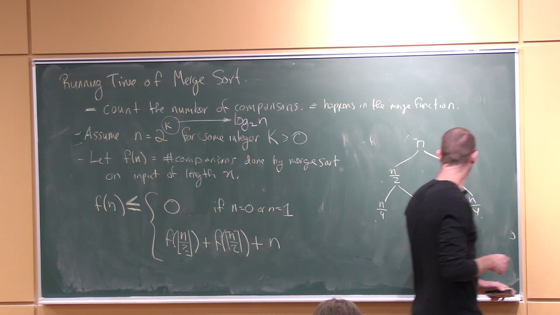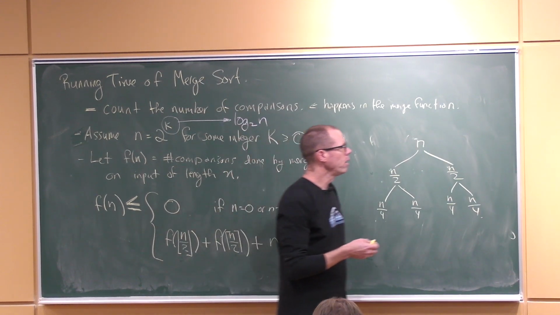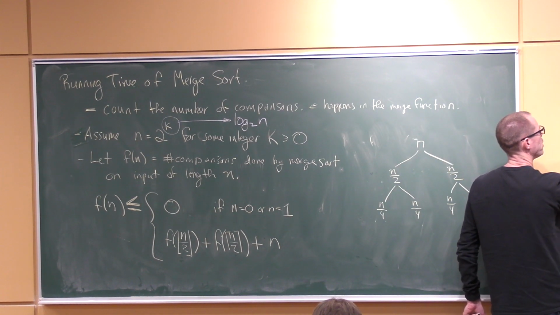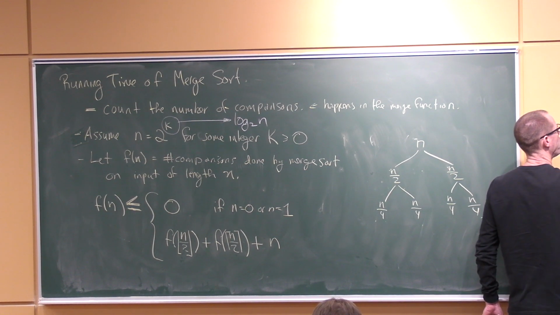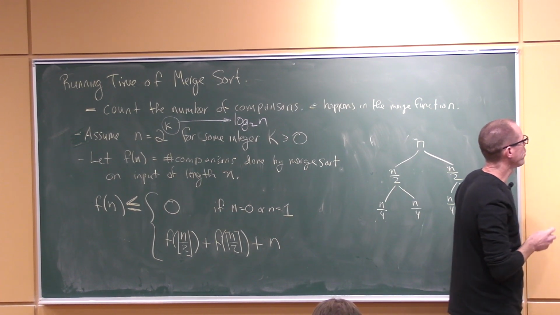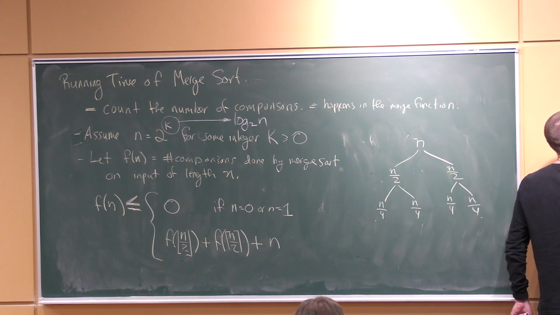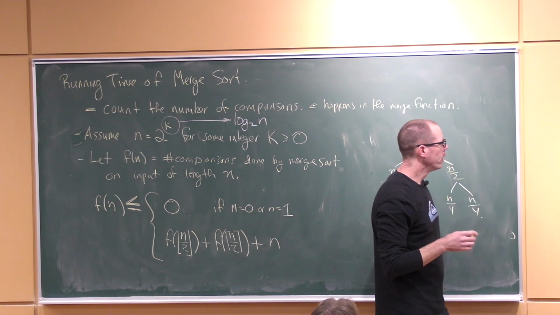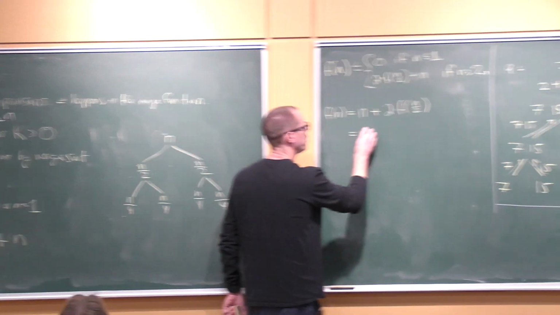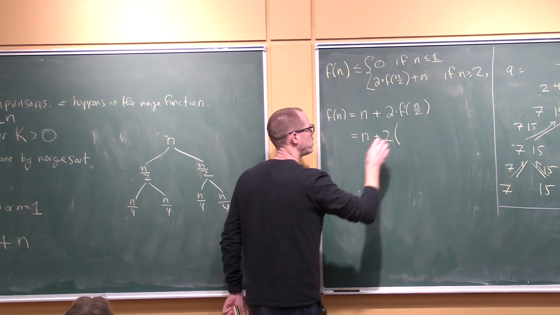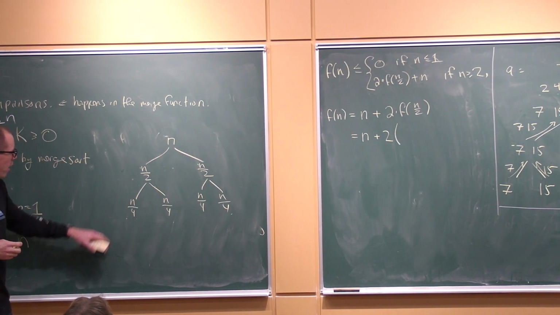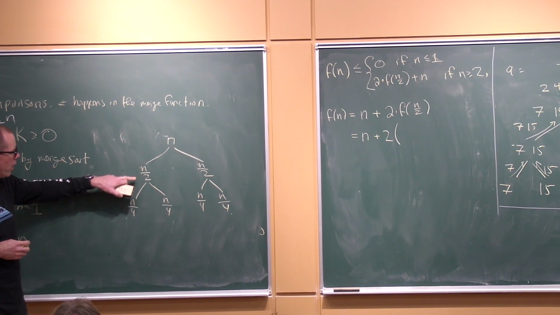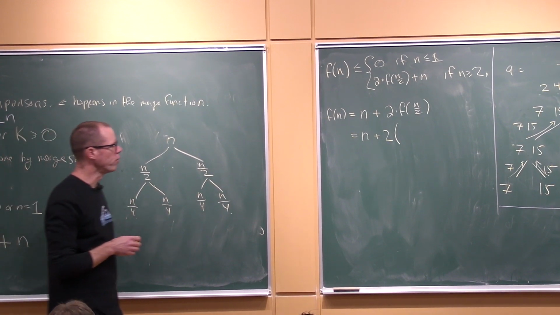Now, if you don't like pictures of trees like this, you can write this as f of n is equal to, let's take this n, get it out of the way so I don't forget it again, plus 2 times f of n over 2. That's equal to n plus 2 times, so each of these things of size n over 2 gets split into two things of size n over 4.